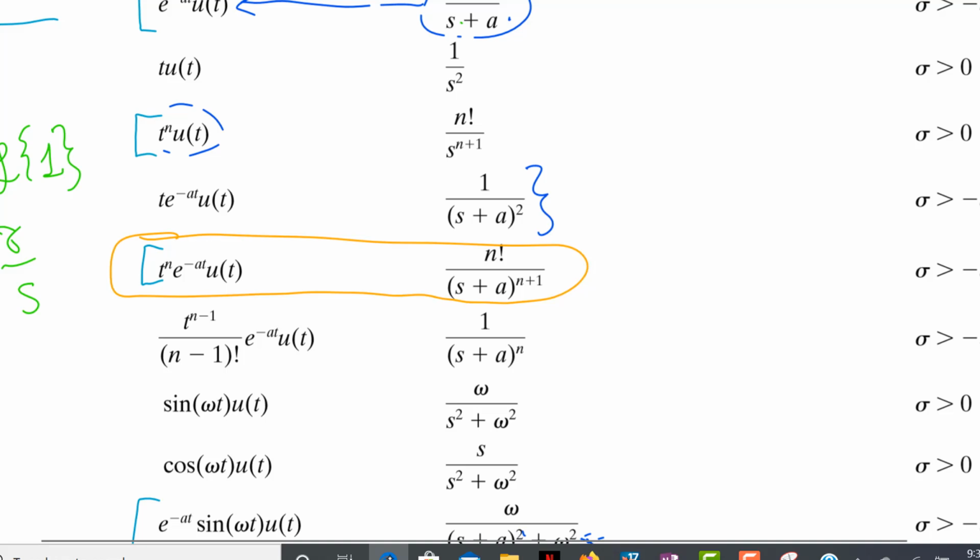with, so if it was s plus 2 cubed, then n is 2, right? Which means what we need in the numerator is 2 factorial, which is 2 times 1. So that means we need 2 in the numerator. And then when it goes back, then we'll have a t squared.